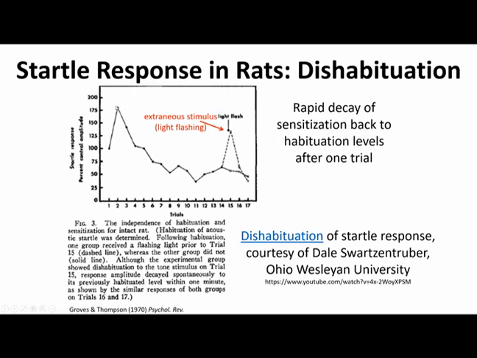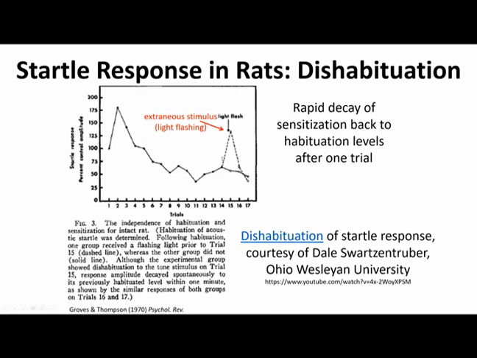Initially, we have that sensitization, but then habituating to a particular tone. And then we see this new stimulus, something that they have never been habituated to before, that flashing light, which causes this initial really strong response here.